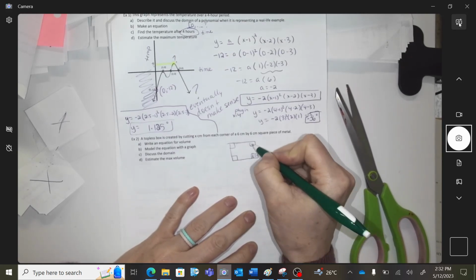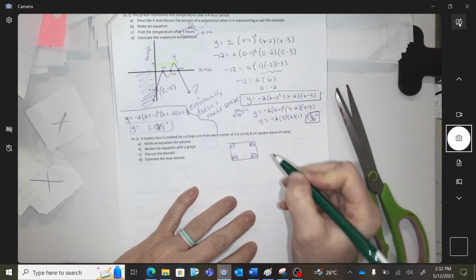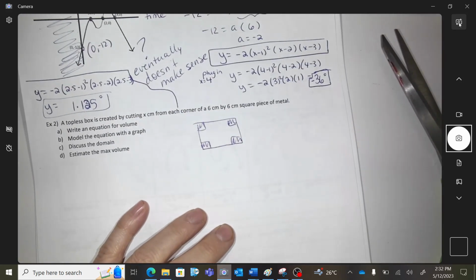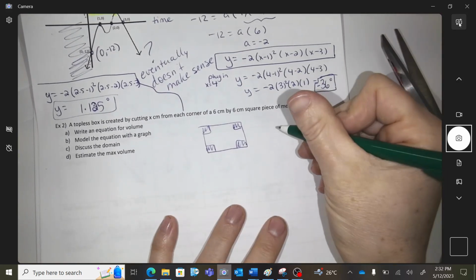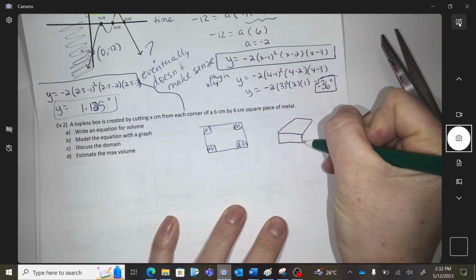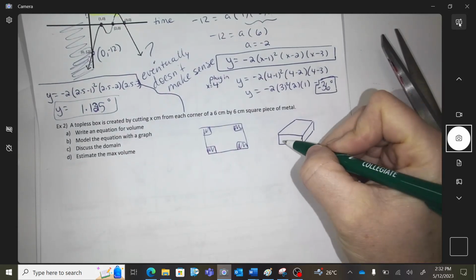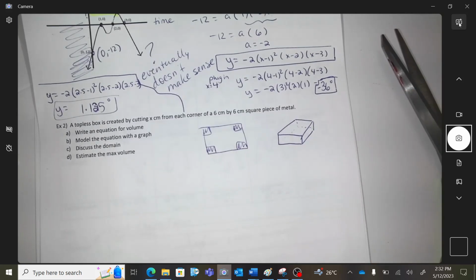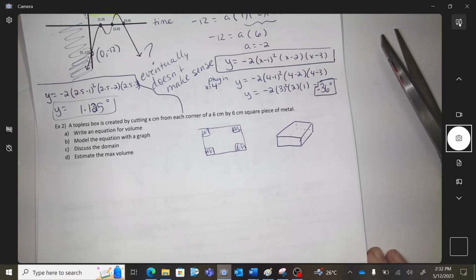I just got hungry, so I cut the corners out. So good to have a visual. And then I folded it up, and I made a box.